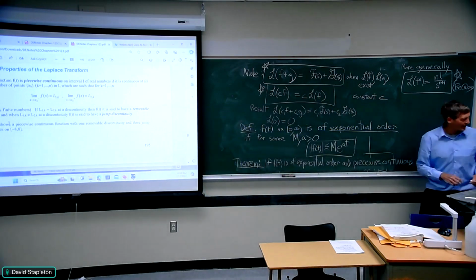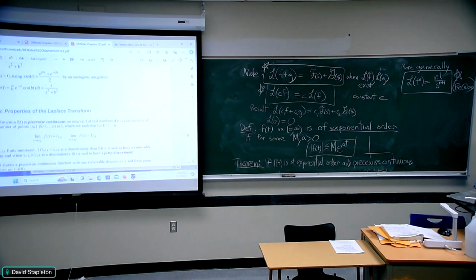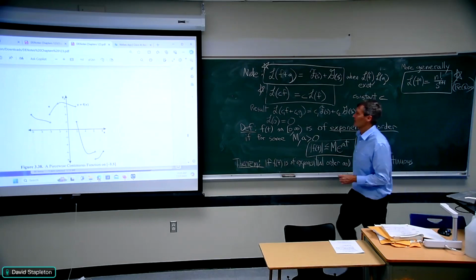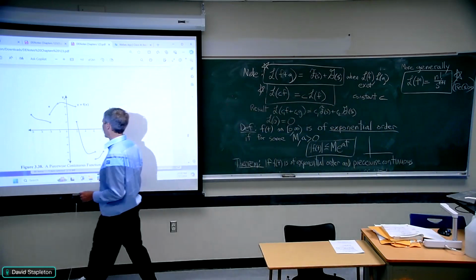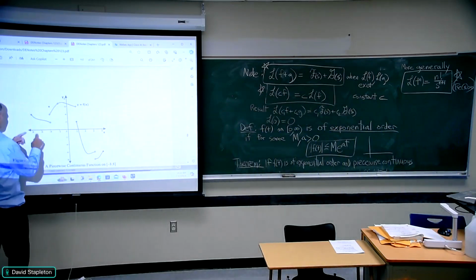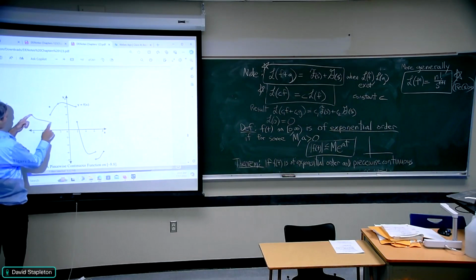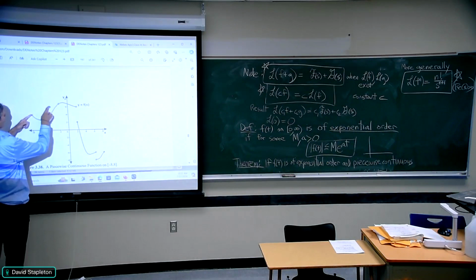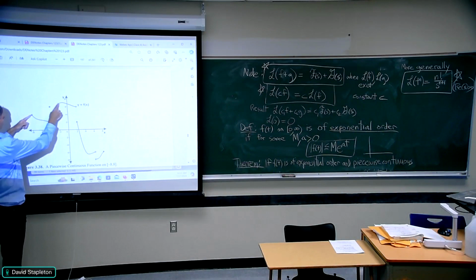Let me draw a picture of piecewise continuous. Actually, we can put it on the board here because we don't need to draw this for the class. Here's an example of a piecewise continuous function on an interval from -8 to 8, for instance. It starts here, goes over here, and jumps here, and it's actually equal to this value here, but this is okay as long as the limit at each one is a finite number. And you can have a finite number of these things.